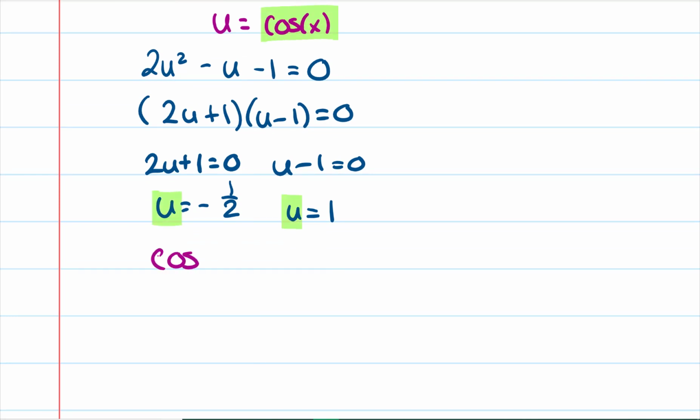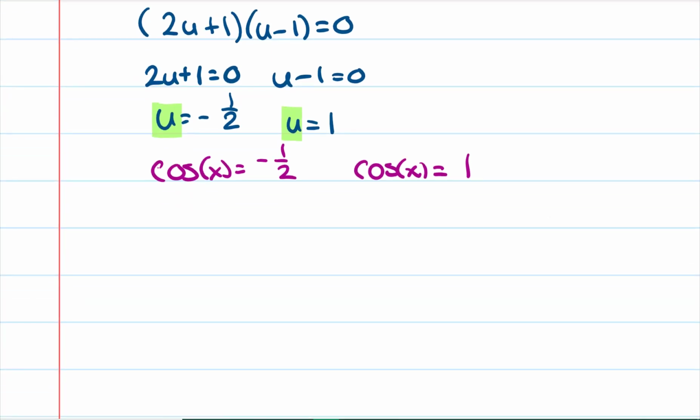So I get cosine of x is equal to negative 1/2 and cosine of x is equal to 1. And cosine of x equals negative 1/2 when x is 2 pi over 3 and 4 pi over 3. And cosine of x is equal to 1 when x is 0 and 2 pi.